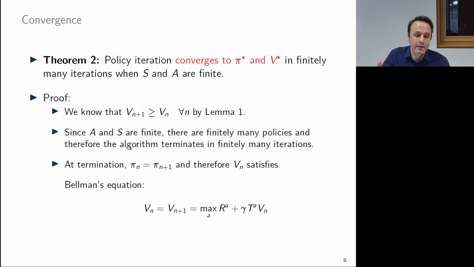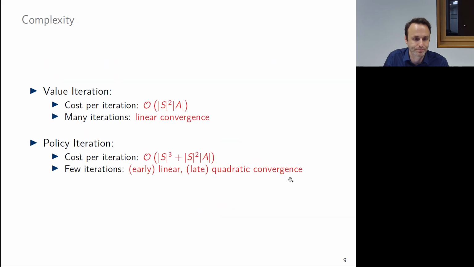And so when we don't have a change anymore in the policy, then we have found the optimal value function, and this Vn is then equal to the next iteration's Vn, and then we can stop, because that's equivalent to the Bellman equation where we have then found the optimal policy.